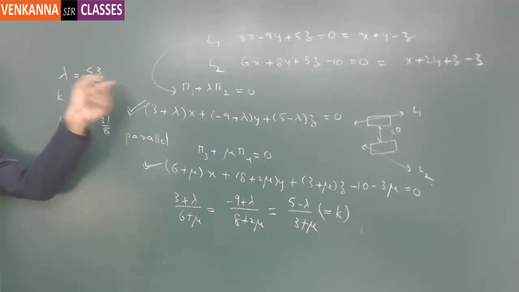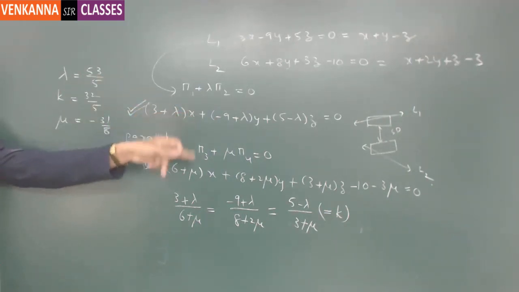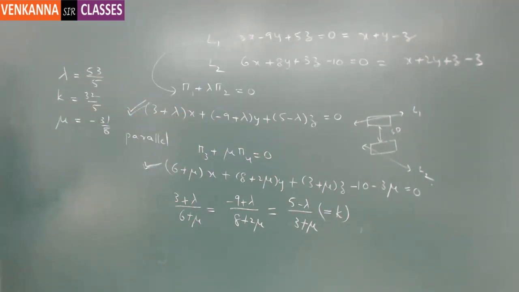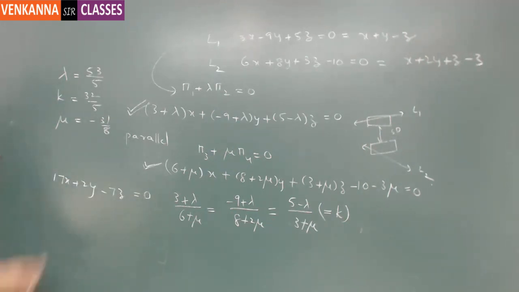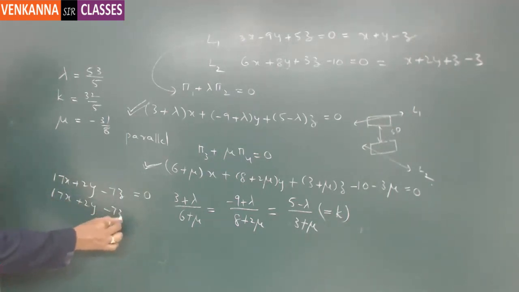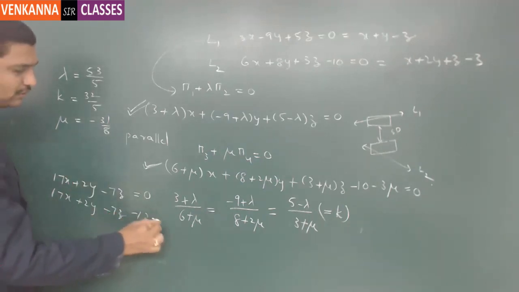If you substitute the respective values of lambda and mu, the parallel plane equations you get are 17x plus 2y minus 7z equal to 0. That is the first plane. Second one, 17x plus 2y minus 7z minus 13 equal to 0.